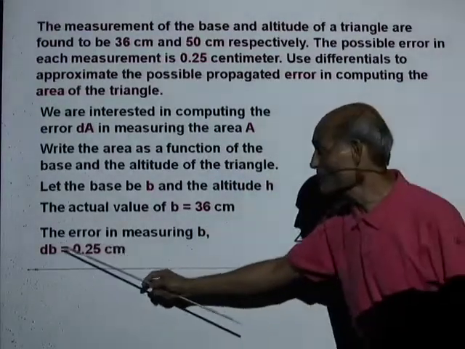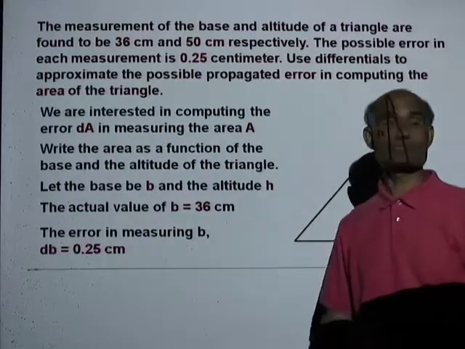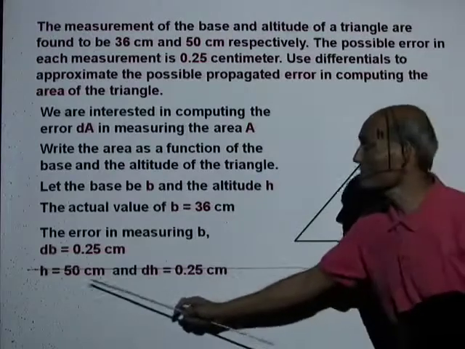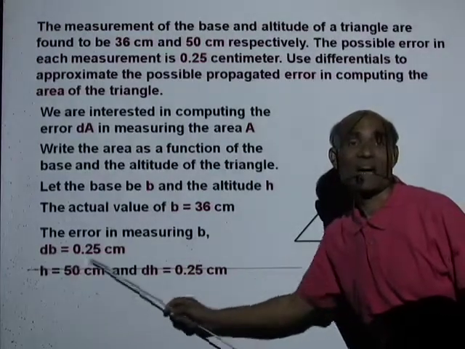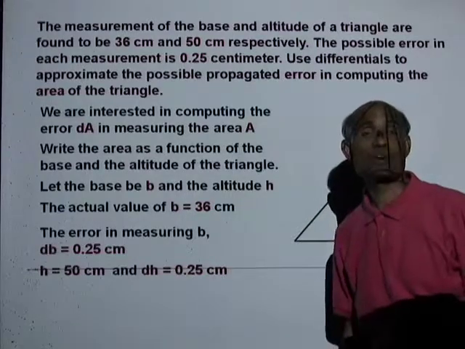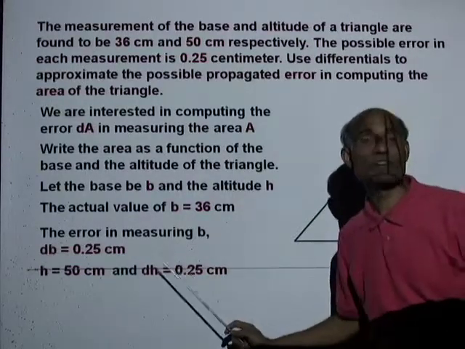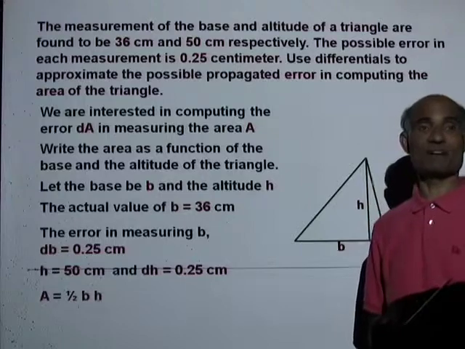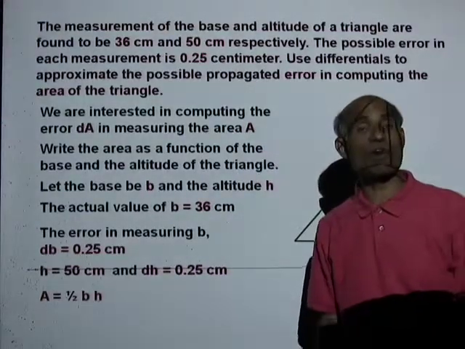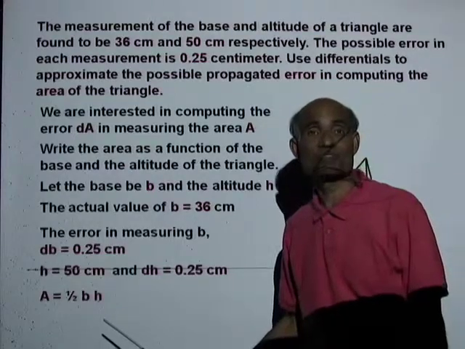So the error db is 0.25 centimeter. And h equals 50 centimeter, and the error in measuring that h is 0.25 centimeter. The differential of h is 0.25. And the area is 1/2 of b times h.